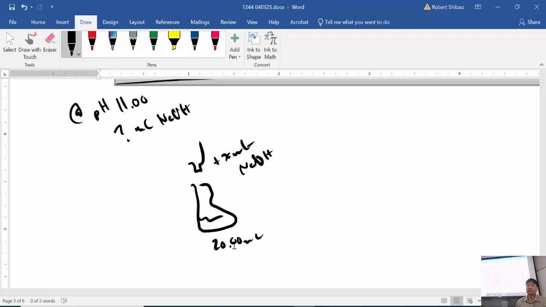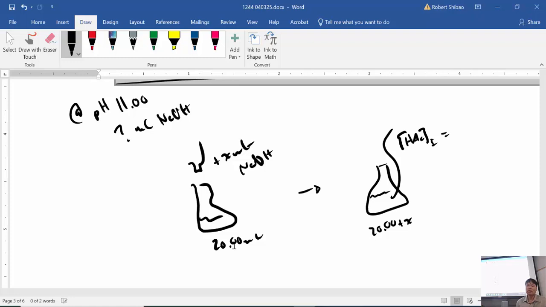Are you in the buffer region? Because we handle the calculations differently depending on where we are. So we go to solution dilution. Solution dilution is going to be 20.0 plus X as my final volume here. Then I calculate the HAc initial. We're out of time, so I'm going to stop here, and then we just solve for X. That's it.